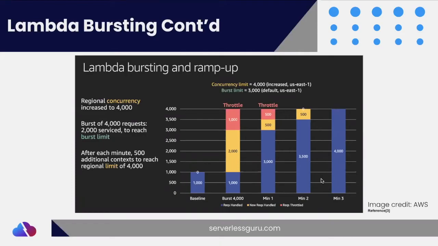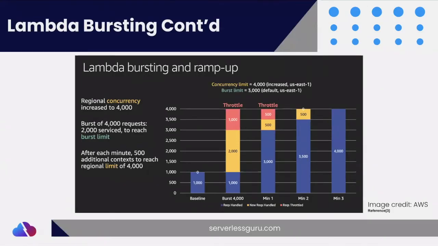This is how it scales: after you hit the burst limit, Lambda will add an additional 500 containers every 1 minute. This is how Lambda scales in high traffic scenarios.